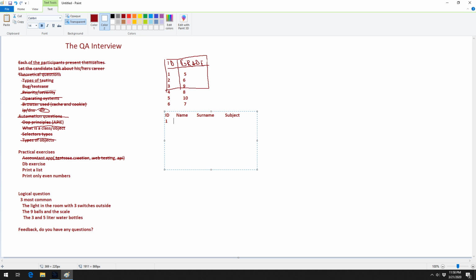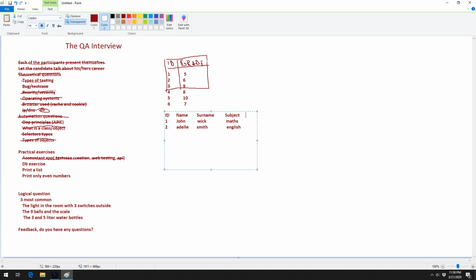Okay, the ID, name 1 John, surname Wick, subject maths, ID 2, name, I don't know, Adele, Smith, subject can be English.